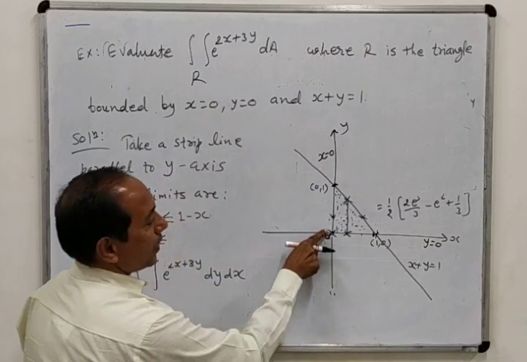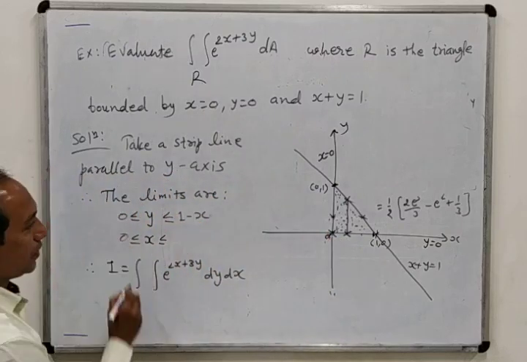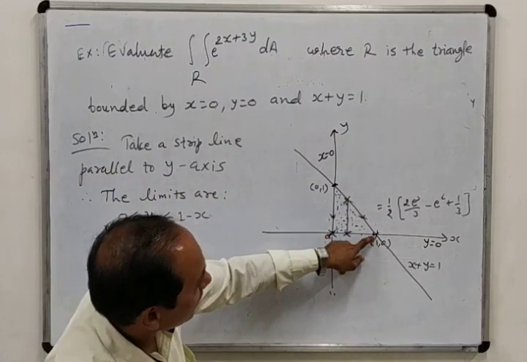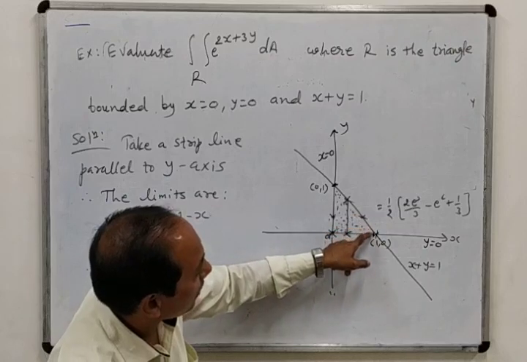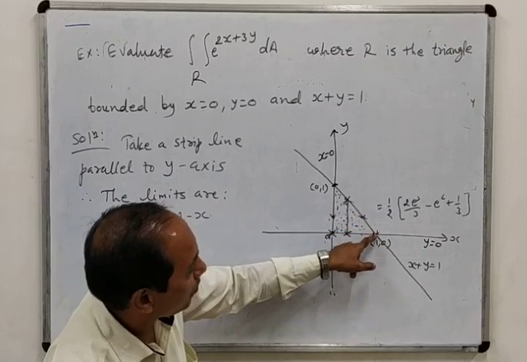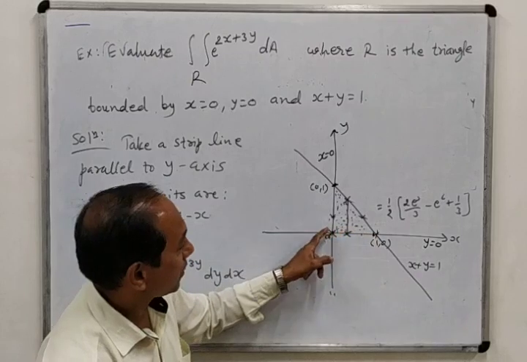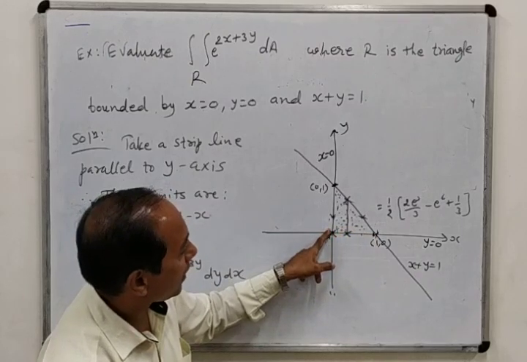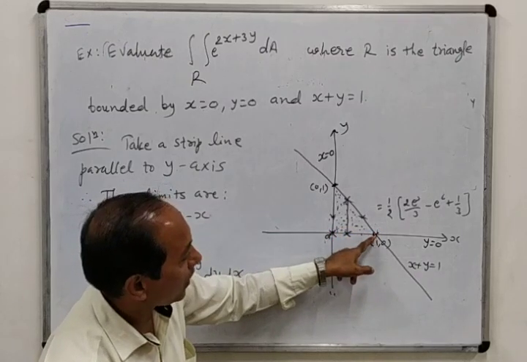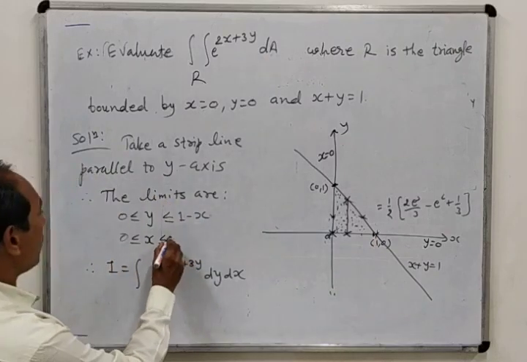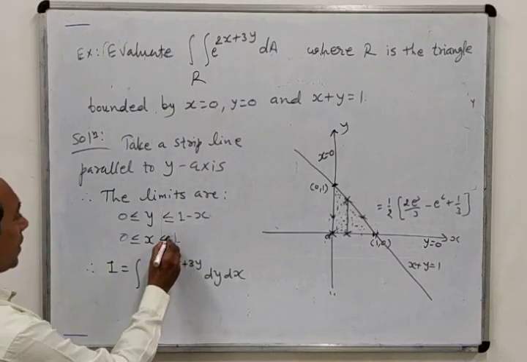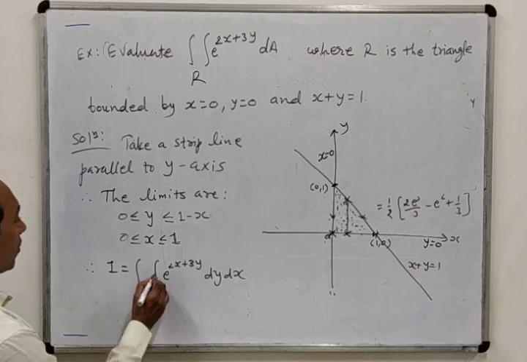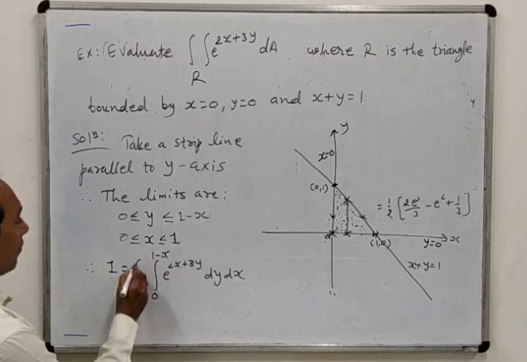X equal to 0, you can see. And at this end point, because the region is finishing over here, x equal to 1. So this is the limit. We will put the limits 0 to 1 minus x and 0 to 1.